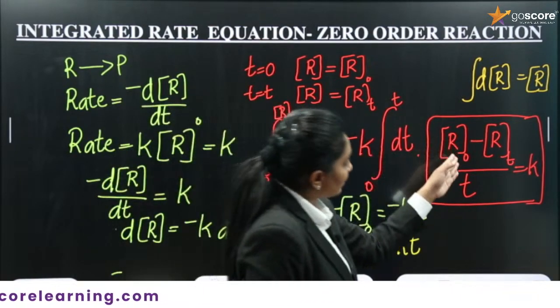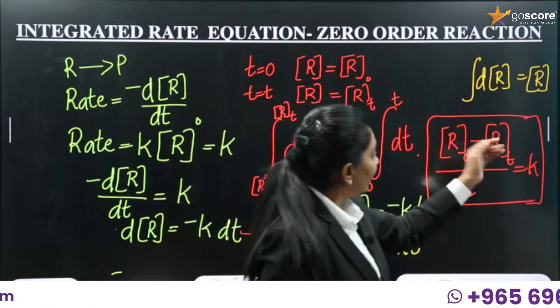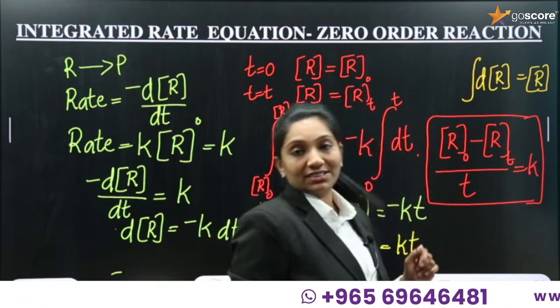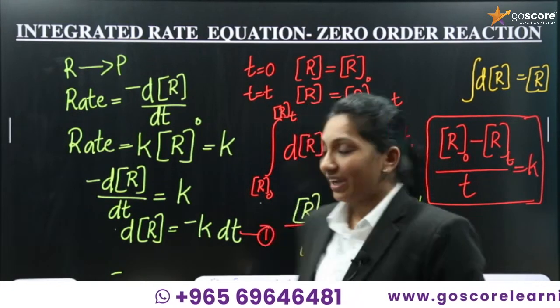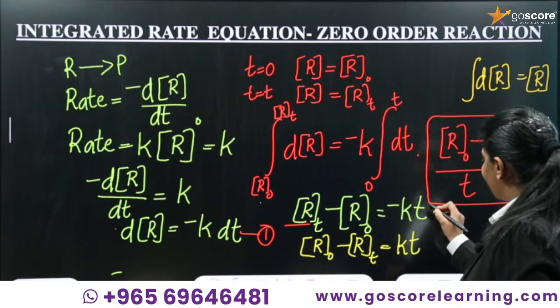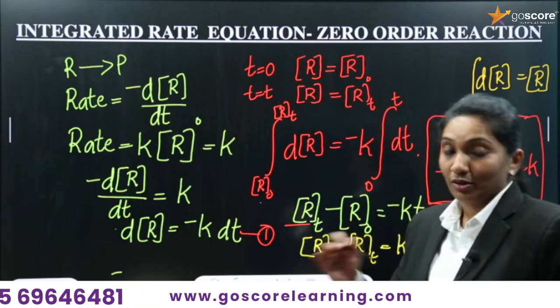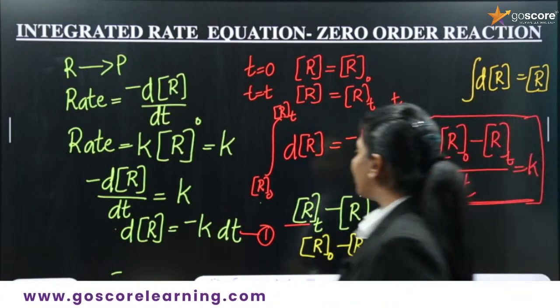See, where R0 is the initial concentration of reactant, Rt is the concentration of reactant at time t, and t is the time taken, k is the rate constant. Okay, so this equation you should learn by heart because it will be coming for solving the problems. Okay, so I think this is clear for you.